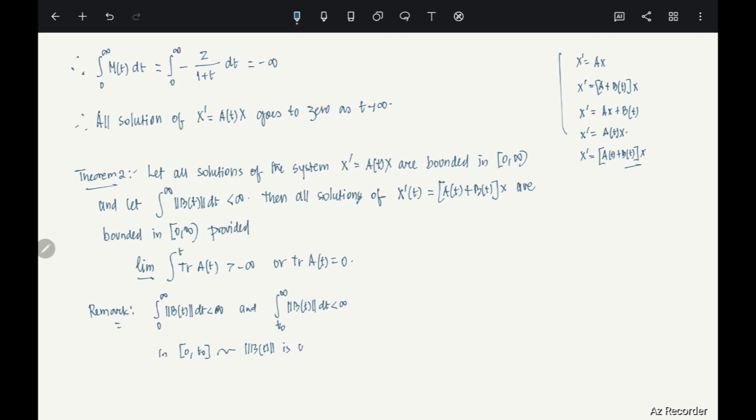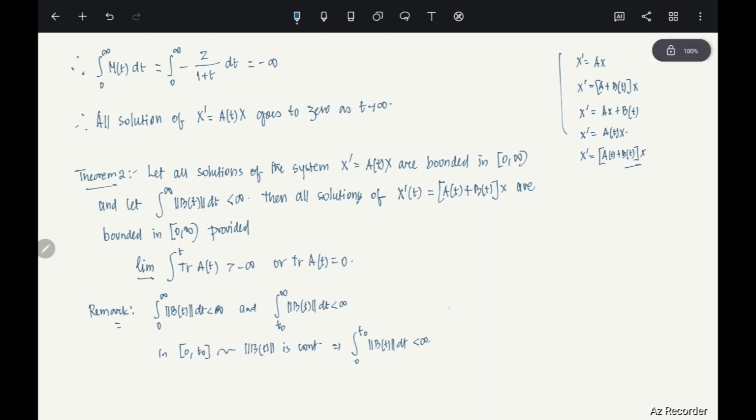The norm of B(t) is a continuous function, right? So the integral over a finite interval is always bounded. If you are taking the integral on a finite set, then the integral from 0 to t naught of the norm of B(t) dt is always finite. So you don't have to worry about it. You just take from t naught to infinity. That is what matters.